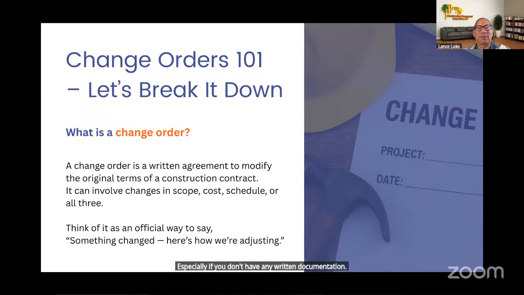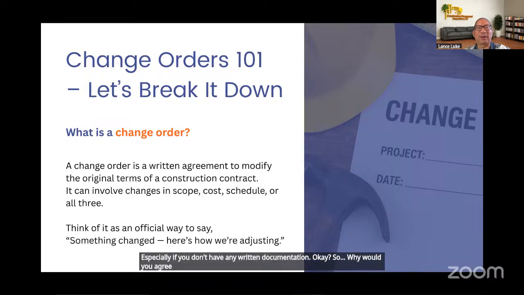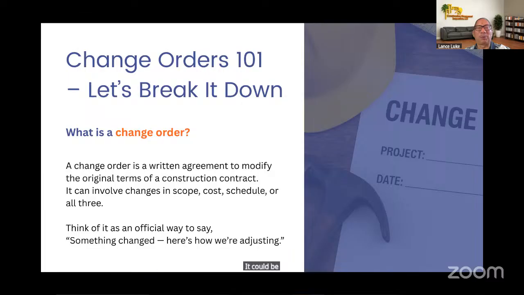So why would you agree? And when I say you, it could be the homeowner, property manager, or the contractor. Agree to anything in a verbal or oral fashion that's not in writing, especially if it's more than $20.